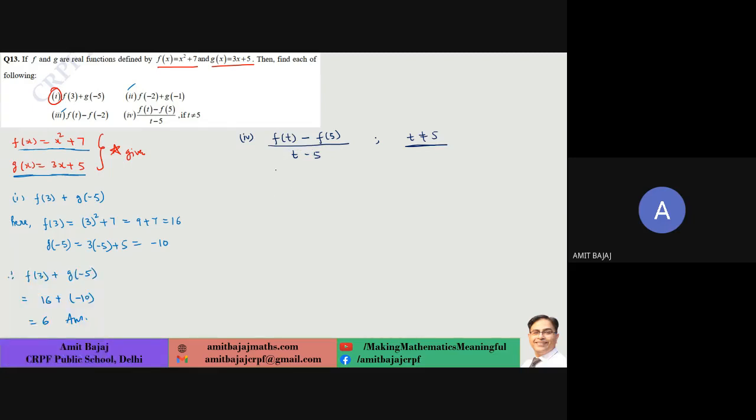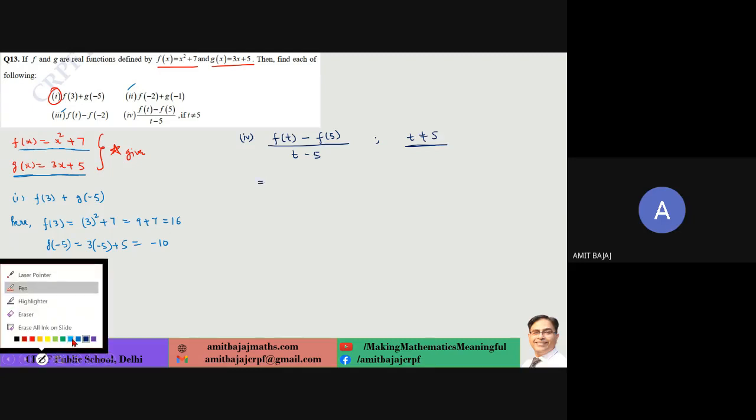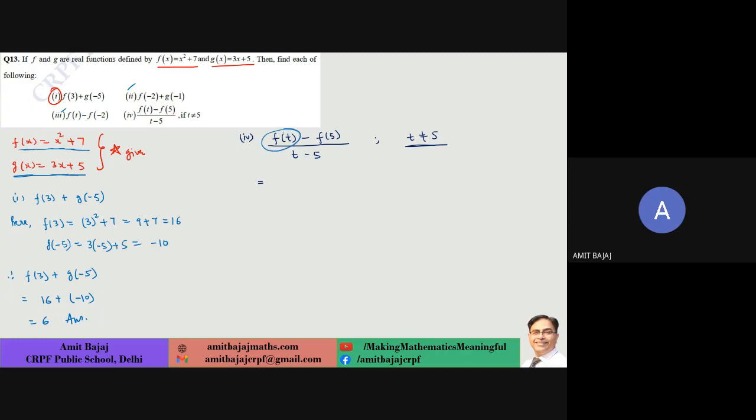Anyway, now what is the meaning? What does f of t stand for? F of t means, in this definition, put x as t only. So that will become t square plus 7, minus f of 5, put x as 5, and here it is as usual t minus 5.